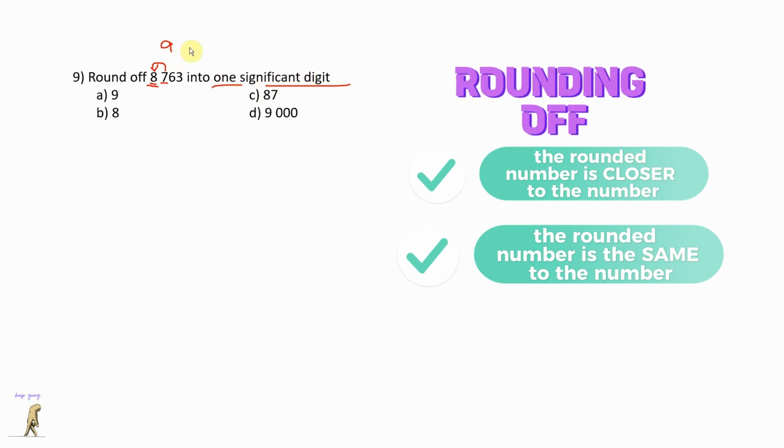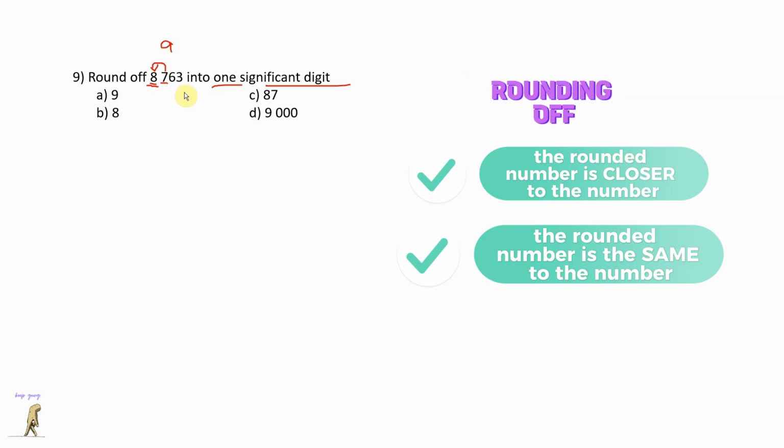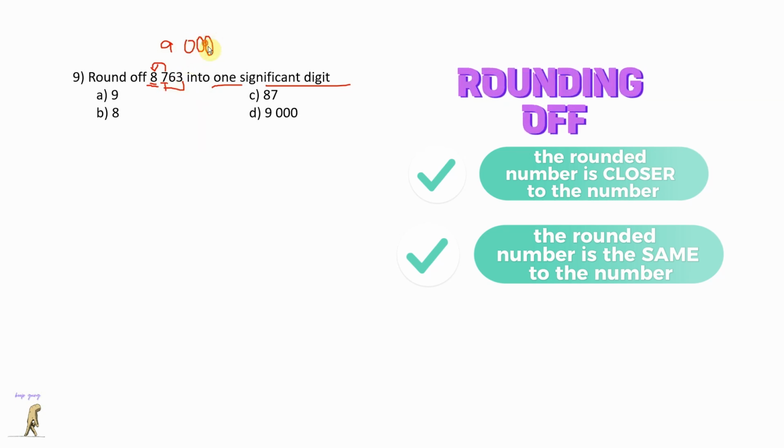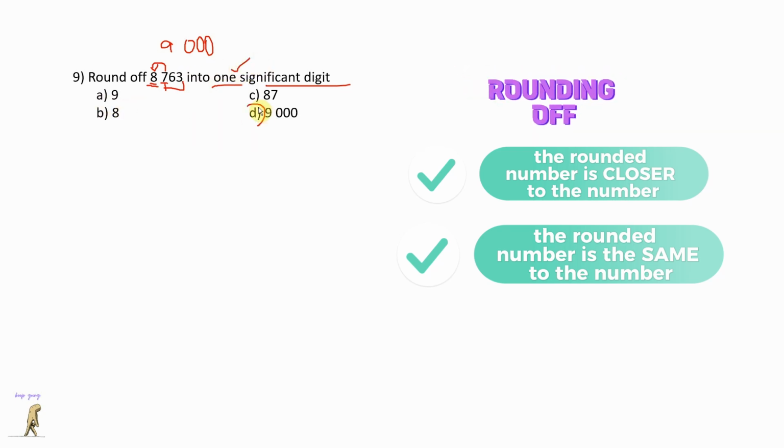Yes, it has a significant digit, but it is far from our specific number, which is 8,763. So this part of the number, we need to put as 0, 0, and 0. We know that this number, which is 9,000, has only one significant digit, so it works. So the answer here is letter D.